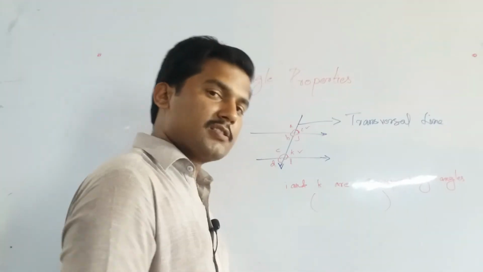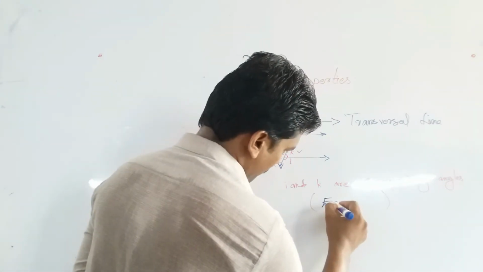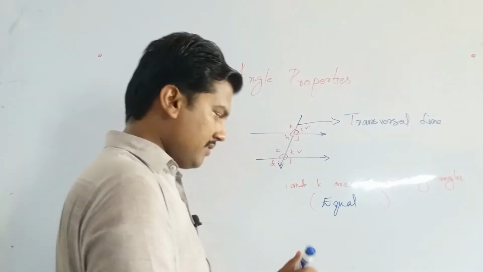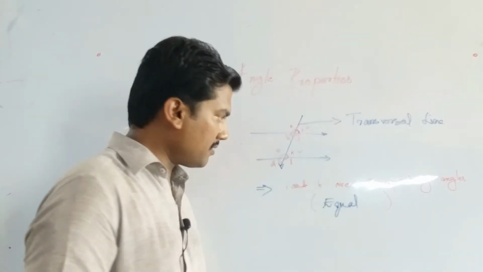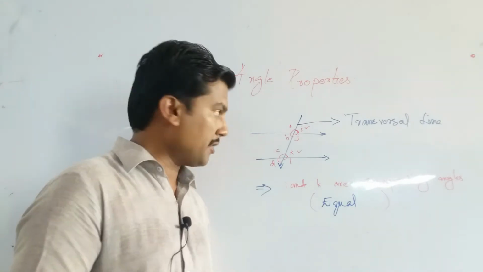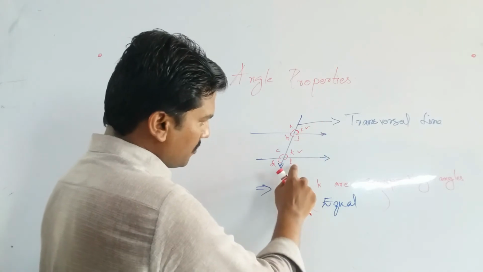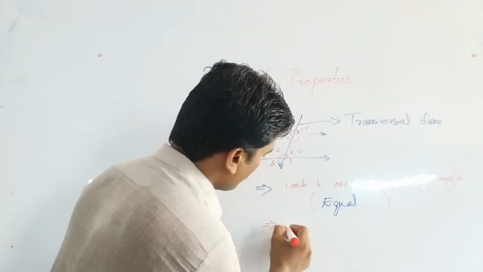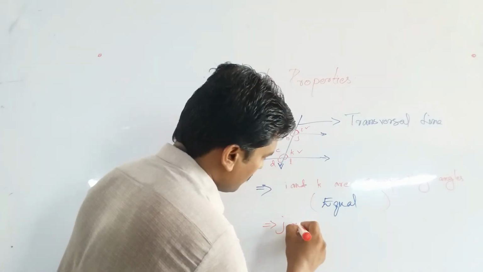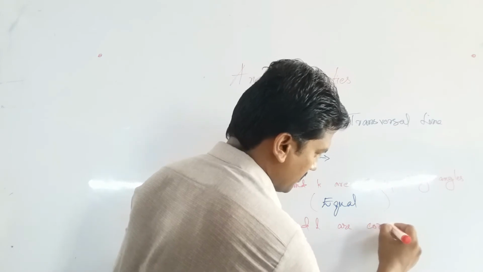And corresponding angles are always equal, right? So now find the other pair of corresponding angles, that is J, because this is below this line. So below this line, here it is L. J and L are corresponding.